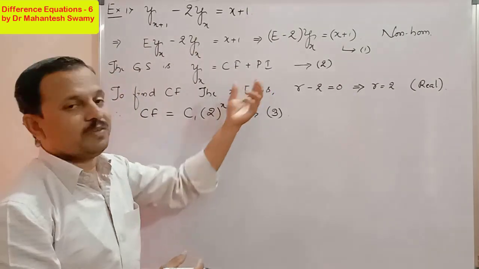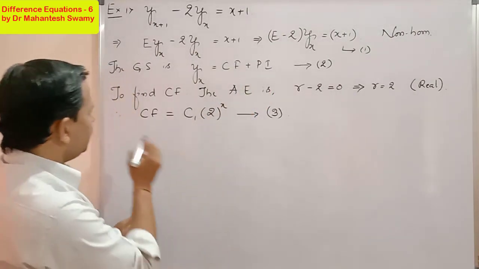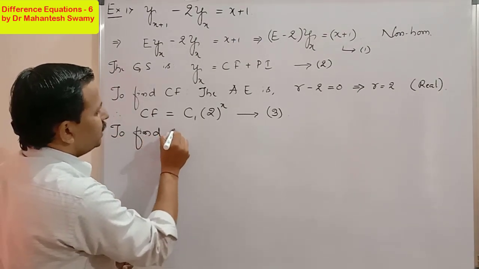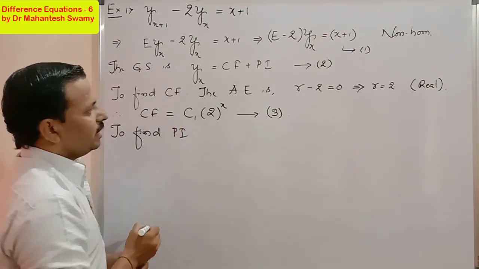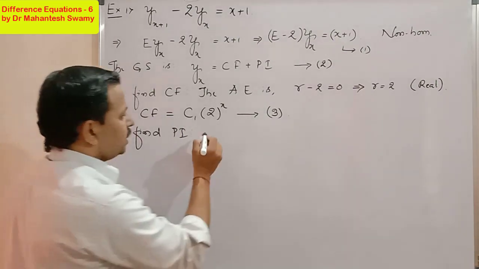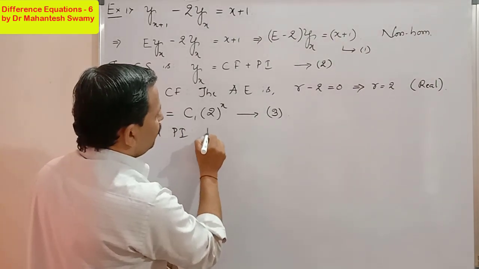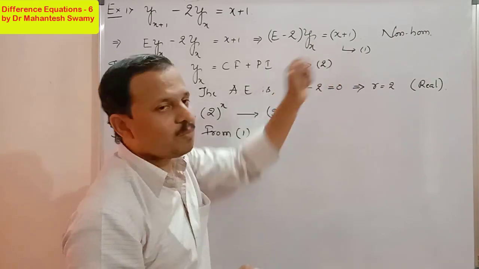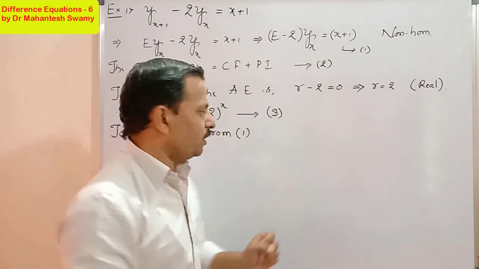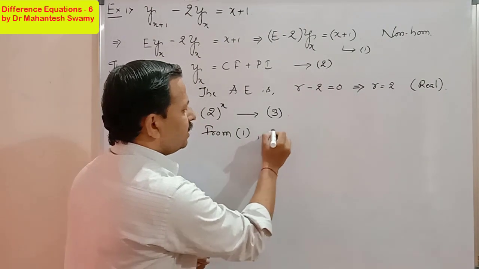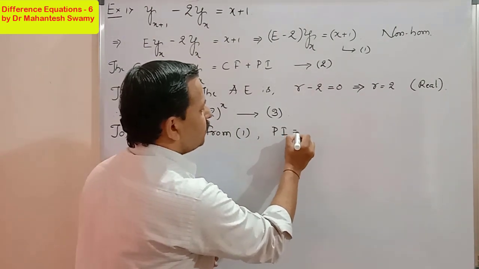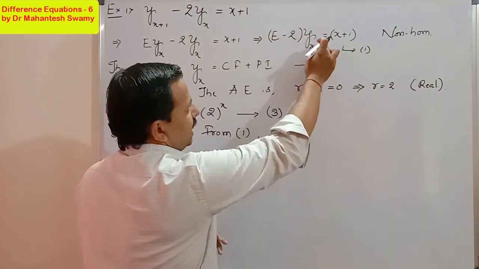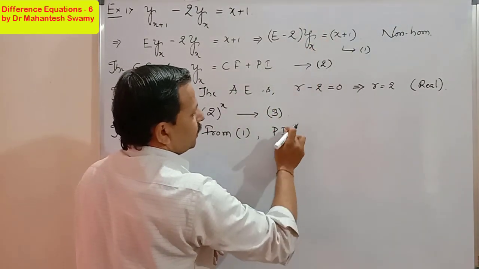Now the remaining half is most important. To find the particular integral, the second job we are performing, what is the procedure? The procedure is to look at equation number 1 and write down the particular integral. From 1, particular integral is equal to, I have told you, keep this as it is and think that it is just like the particular integral.